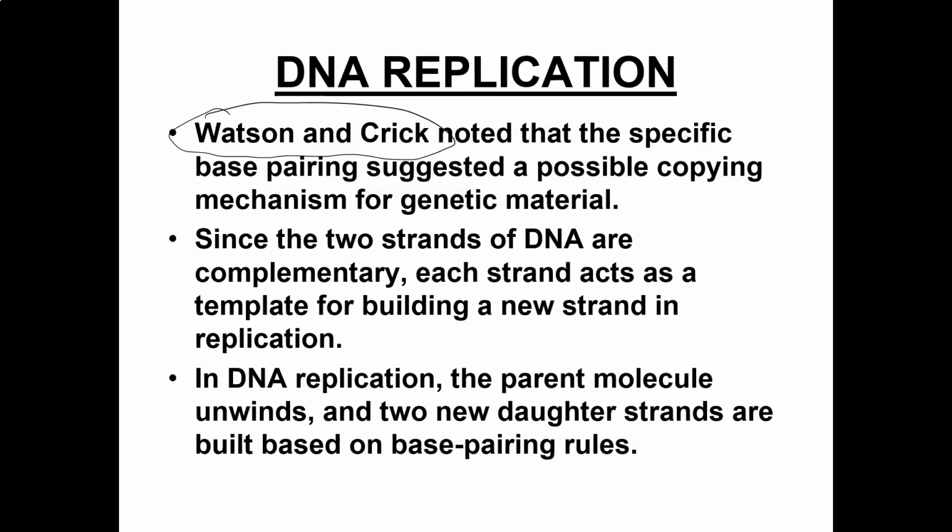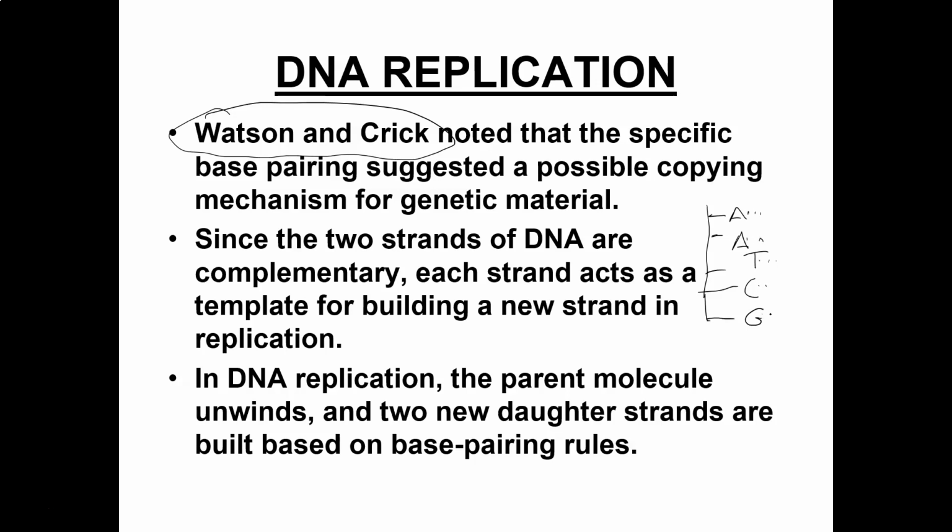They noted that the structure of DNA gave rise to a very elegant mechanism for copying your genetic material. Because if you know the sequence of one strand, let's say one strand is A, T, C, G, and I ask you what the sequence needs to be on the so-called complementary strand, what are these base pairing with?